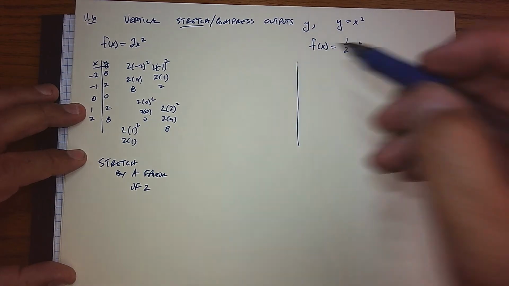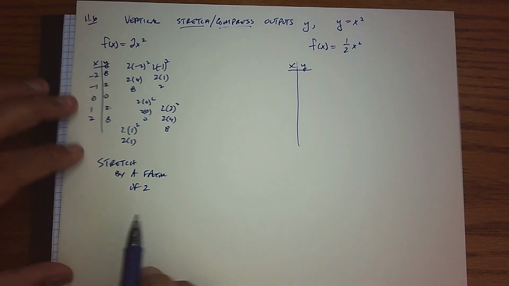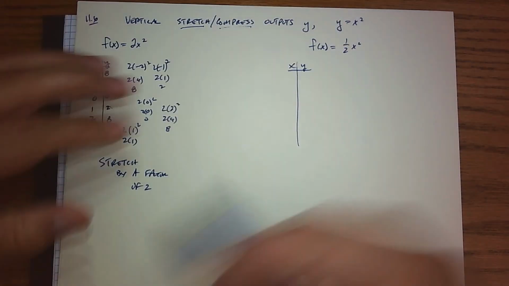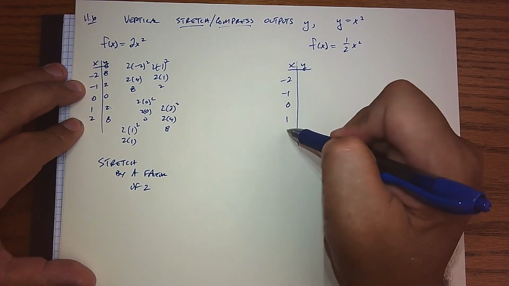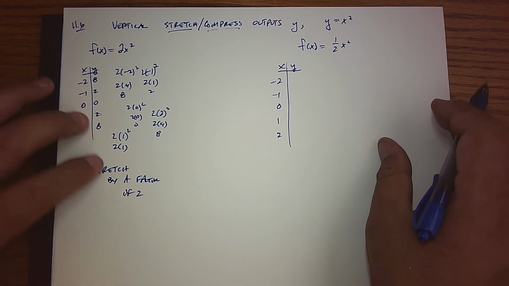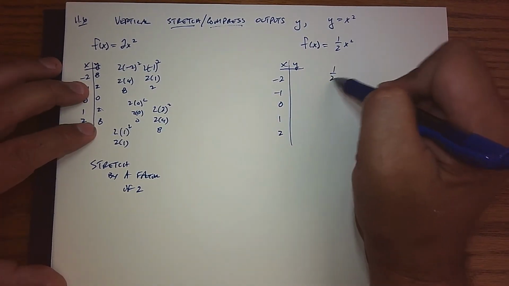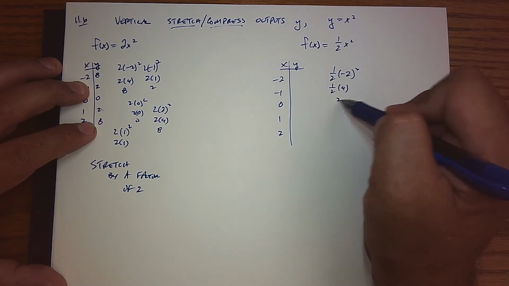All right, so what about 1/2? Well, if you're anticipating, I'm expecting a compression here. The graph is going to basically compress itself. It's going to be kind of smashed. So let's just do the ground and pound work, graph the points, and see that our anticipation is right. If I put in a -2, we get 1/2 times 4, which is 2.